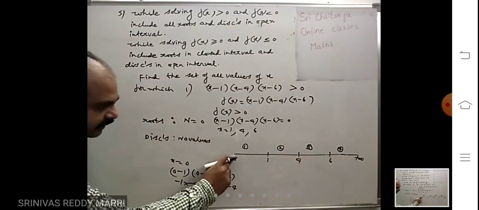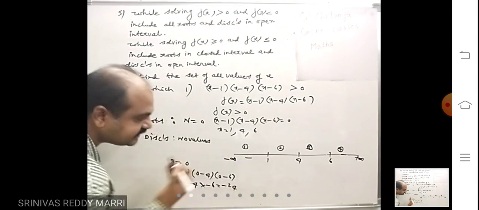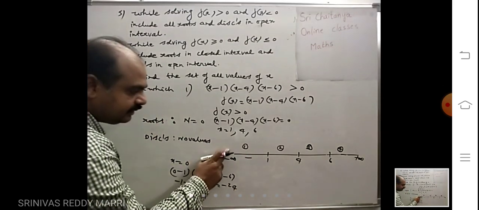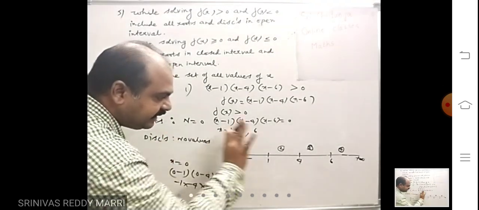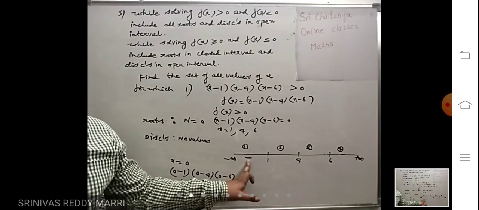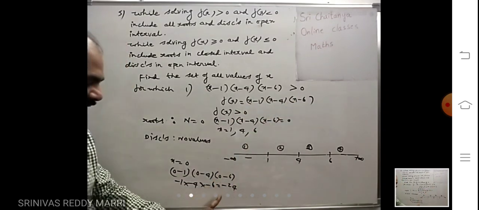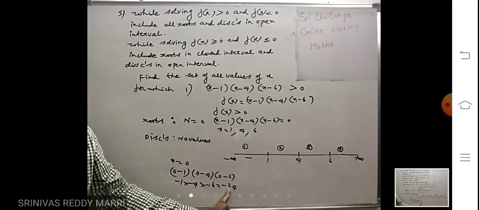Negative. Write the sign here. In minus infinity to 1, you take any value less than 1, you will get negative only. Just take one x value, substitute, and find the sign.